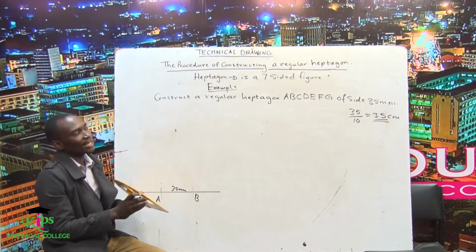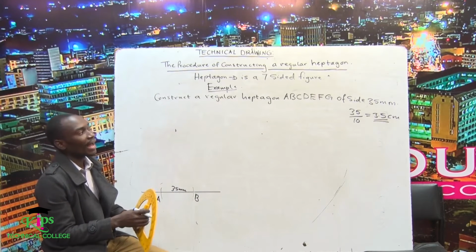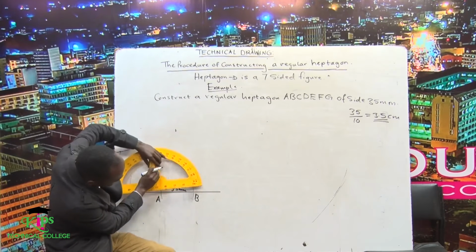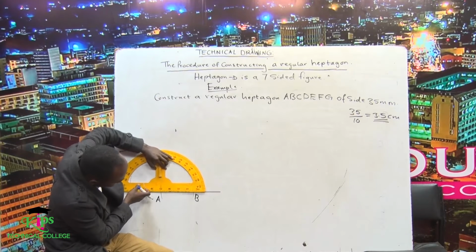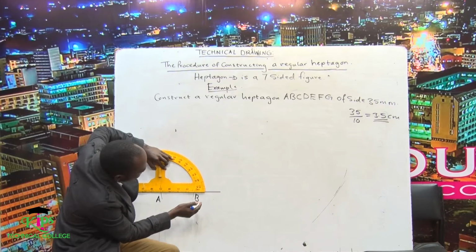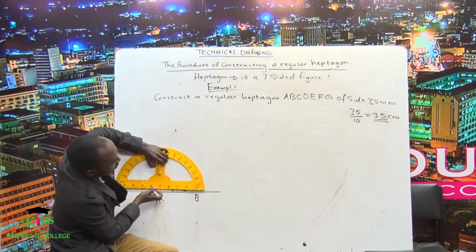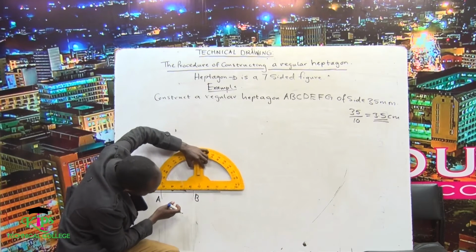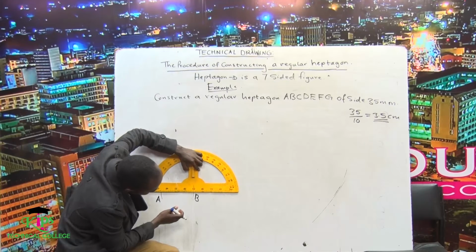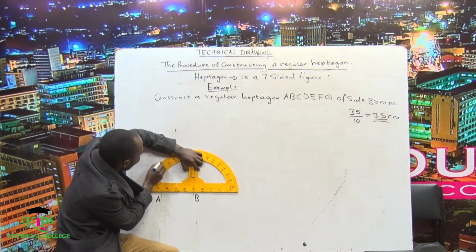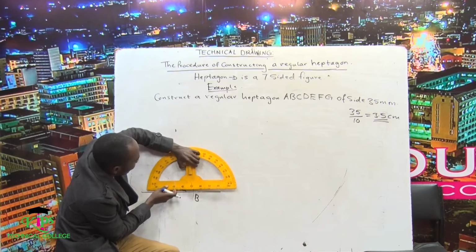Again, using the same procedure we use to construct a pentagon, you will stand at point A using your protractor and measure 40 degrees. Also stand here at point B and measure 45 degrees.